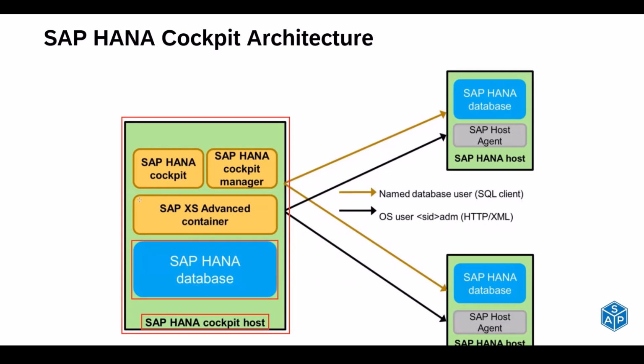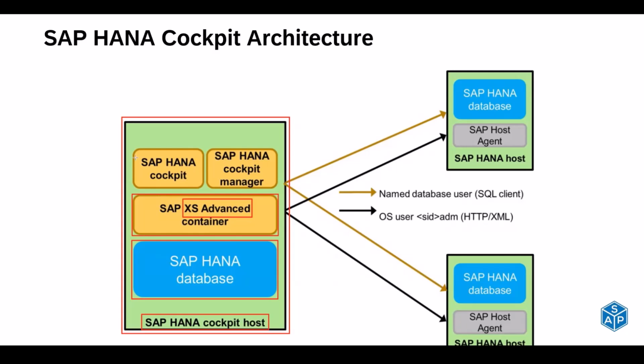On top of it, it has an SAP XS Advanced container. This is the platform, the extended services advanced, on which the application server is built. All the application related files, programs and code reside in this container, SAP XS Advanced.